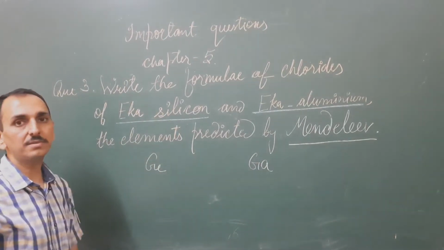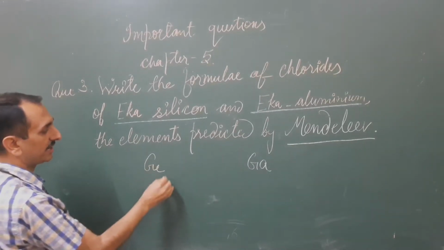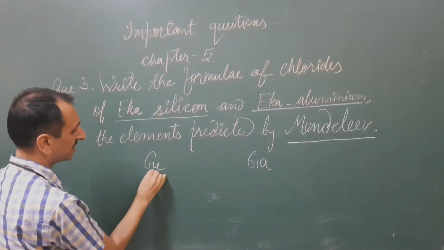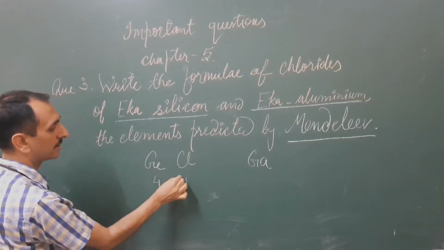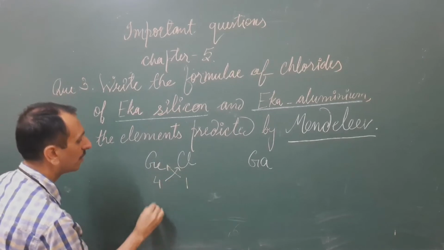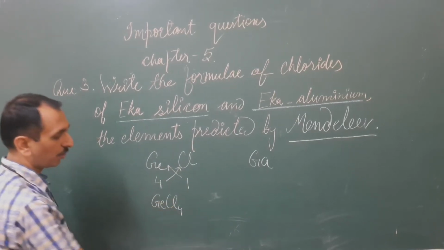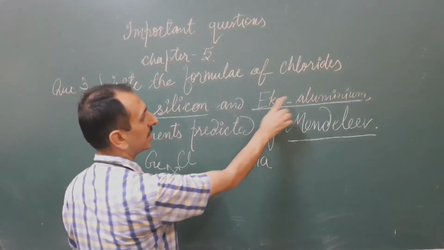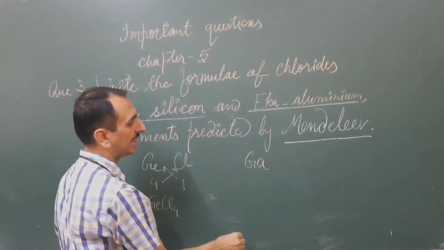Valency of silicon, covalency, that is 4. That's why in the formula of chloride, it has valency 4. Chloride ion has valency 1. Crisscross, the formula will be GeCl4.